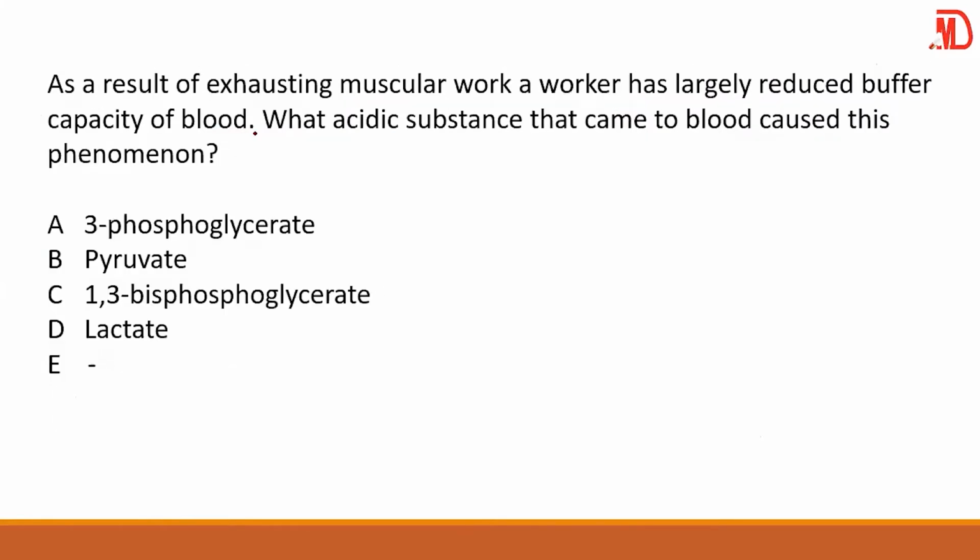As a result of exhausting muscular work, again, the question has been repeated. When you are working, you are using your muscles. And when the muscles are being utilized, a low amount of oxygen comes into play, so anaerobic respiration. So how will you produce energy?